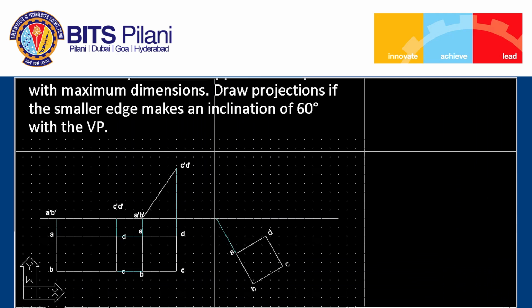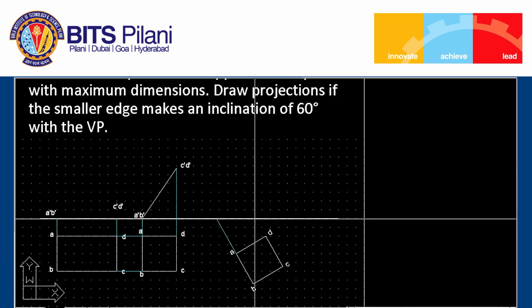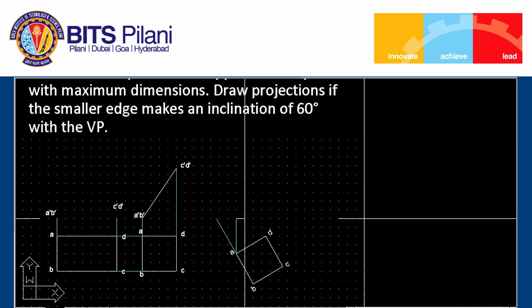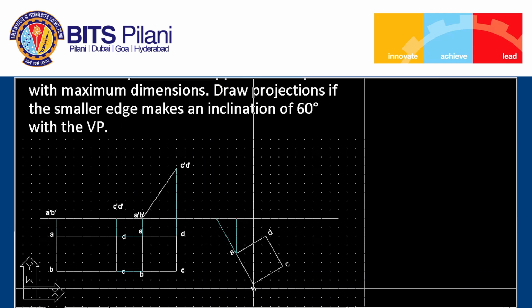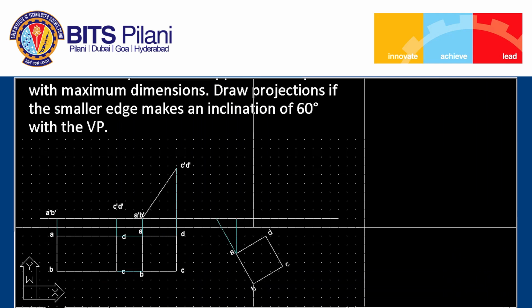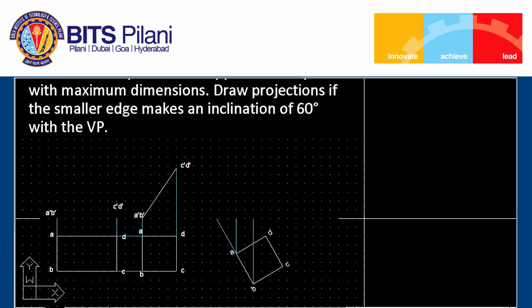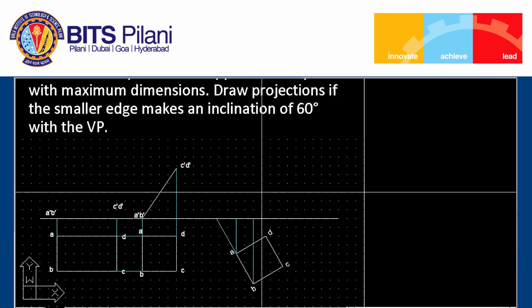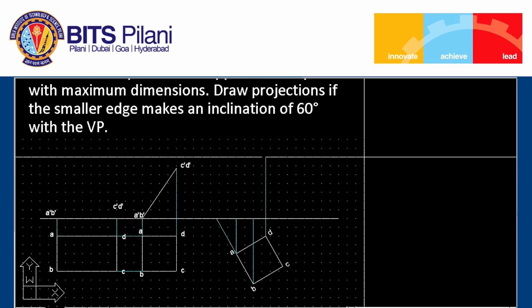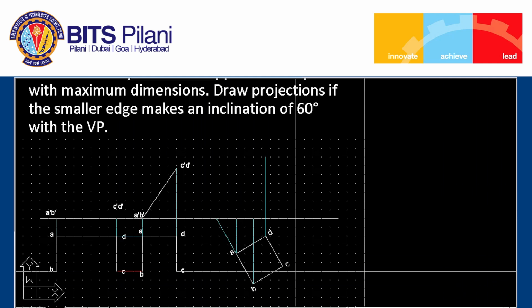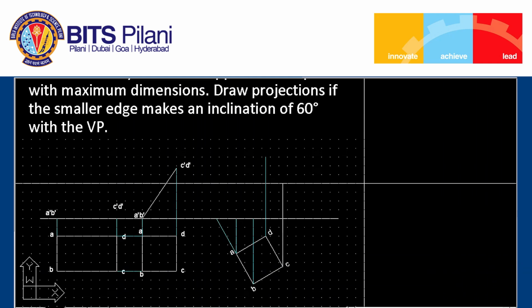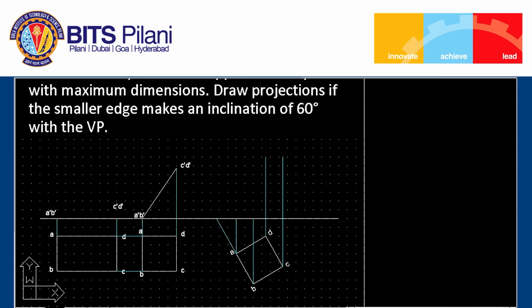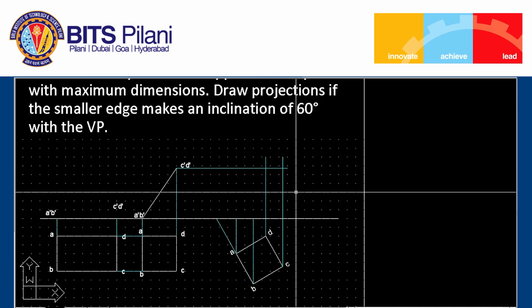Now we can obtain the projector lines. Here I get the point A prime, similar way here I get the point B prime. D prime I will get on the projector passing through this point, and C prime I will get on the projector passing through C. But I have to get the horizontal projector passing through C and B prime.